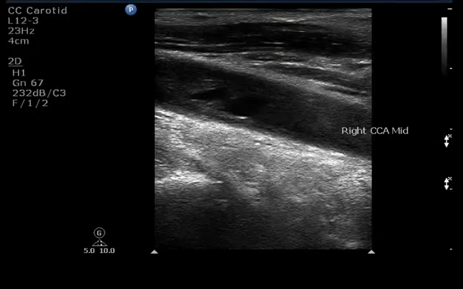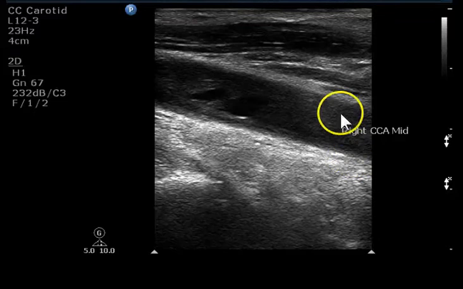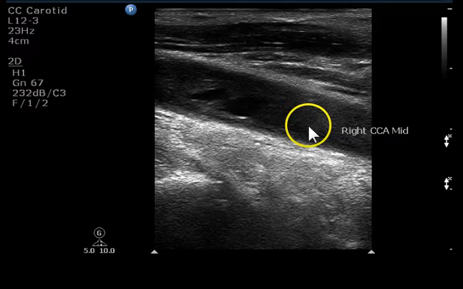This is a grayscale image of the common carotid artery in the mid portion. It appears to be filled with a homogeneous somewhat hypoechoic plaque. We see some areas here which we expect are probably portions of the flow lumen.